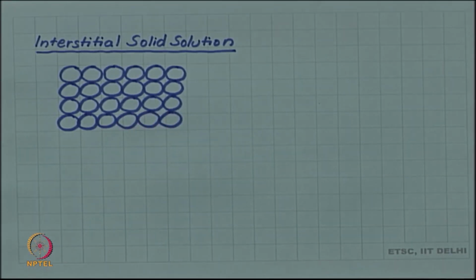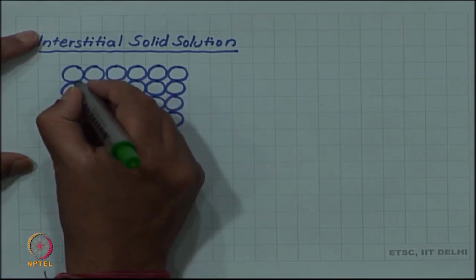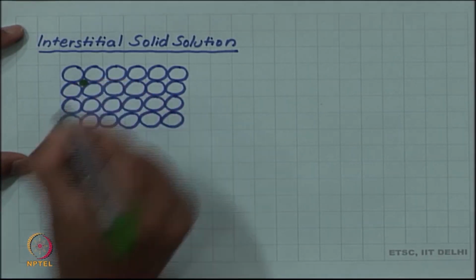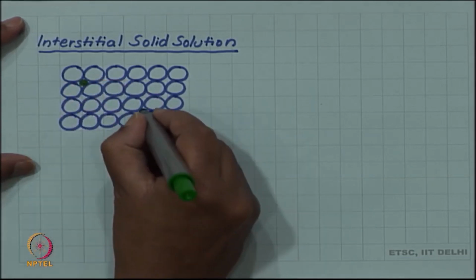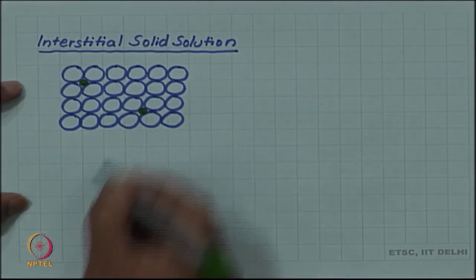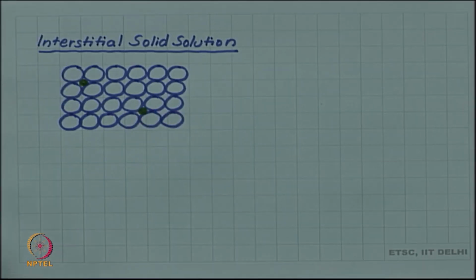And we can see that in this crystal structure there are many voids, and a solute atom can be located in one of these voids. So, there is one solute atom located there, another solute atom located here.